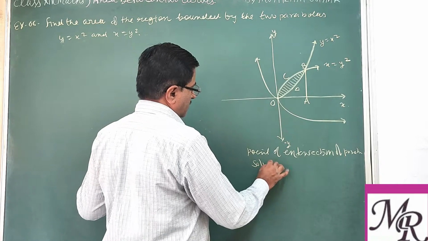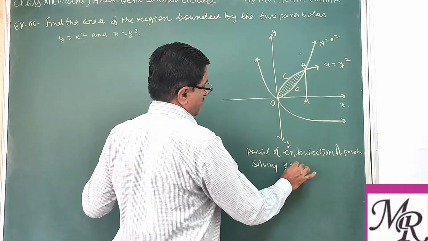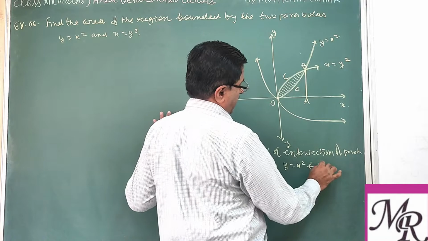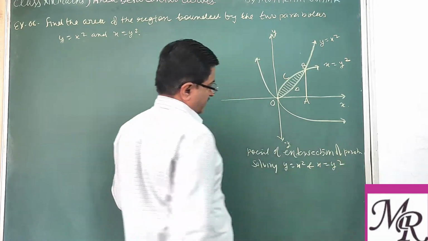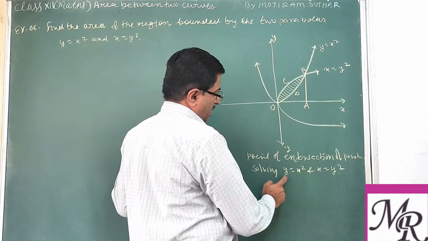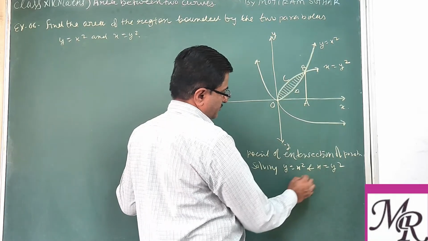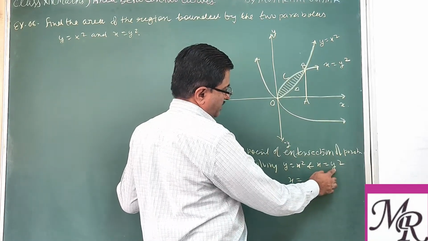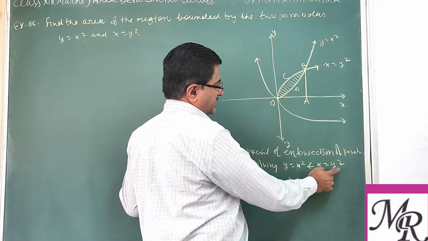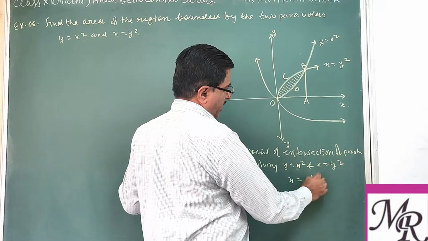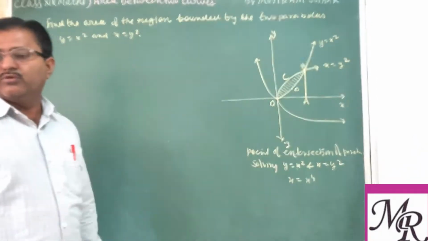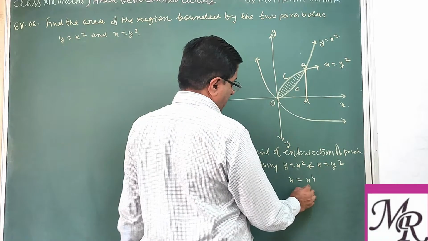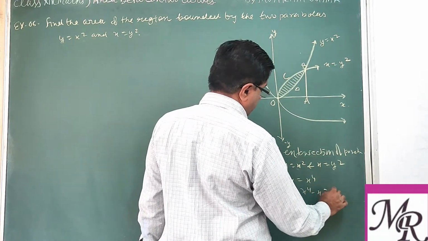Solving y equal to x square and x equal to y square. So the first is y equal to x square, the second is x equal to y square. Now y can be replaced by x square, so it is x square squared, x power 4. So we get x power 4 minus x equal to 0.